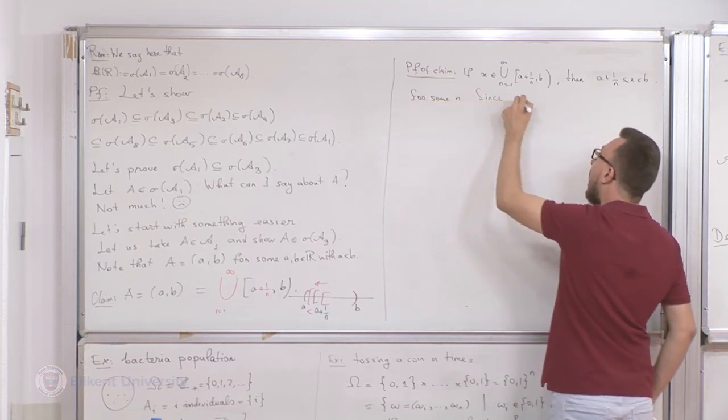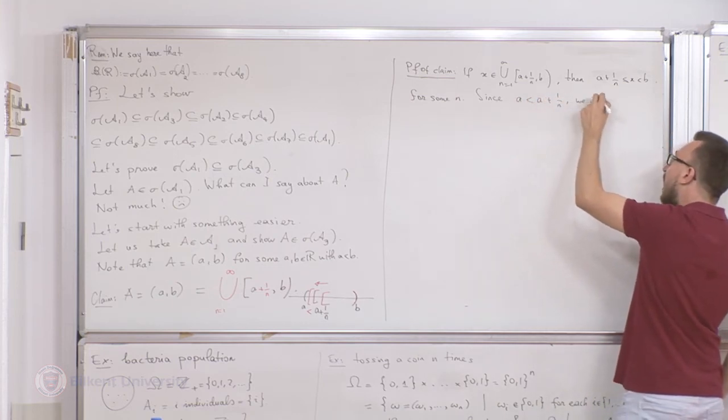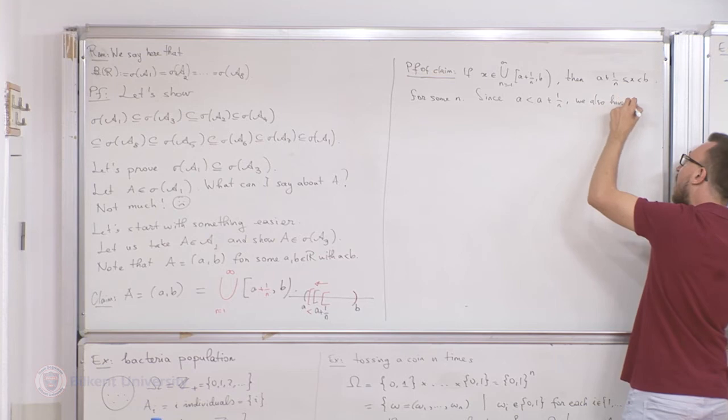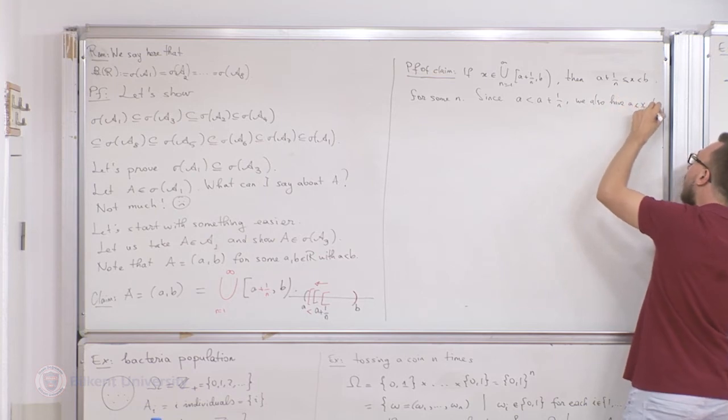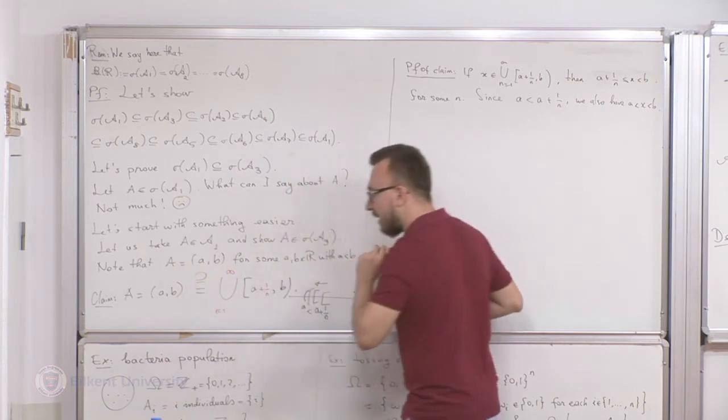Since A is less than A plus 1 over n, we also have X between A and B. So this part of the inclusion is shown.